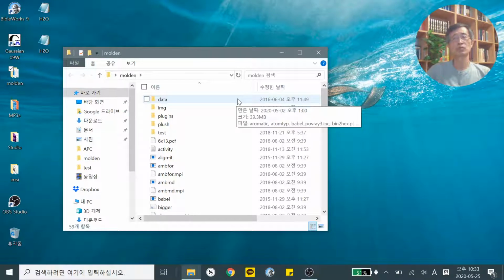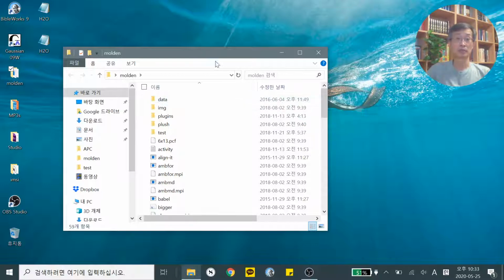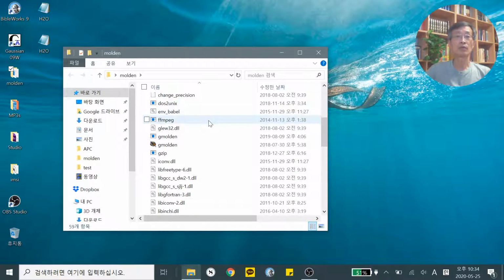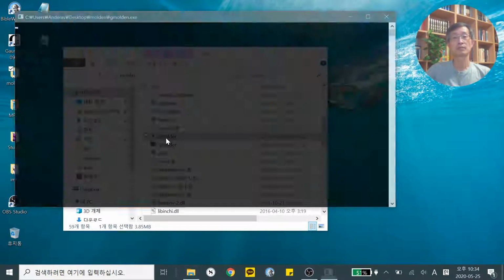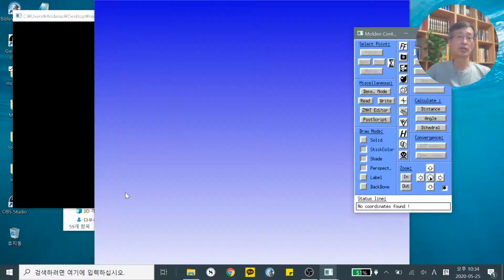Probably the keyword is Windows 10, and that will direct you to the Windows 10 version of Molden. Obtain that and unzip it, and that will produce this Molden directory. In the Molden directory, there is a Gmolden. This is the program you utilize.